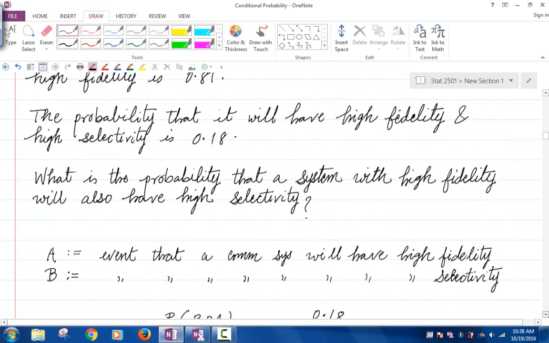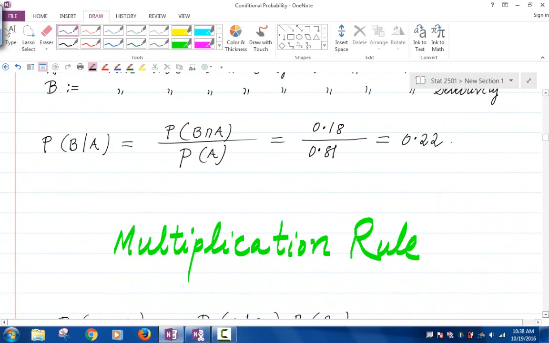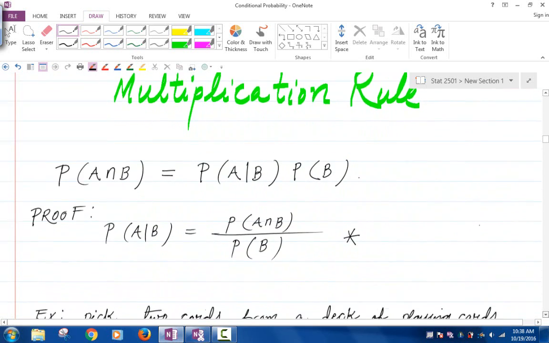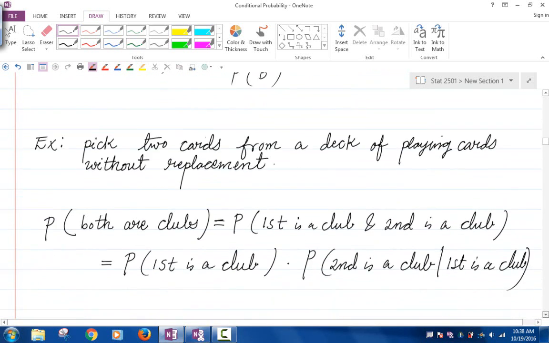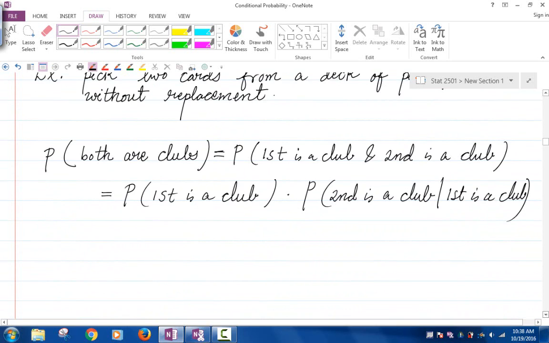So if you look at the multiplication rule, the probability of A and B is the probability of A given B times the probability of B. So in my example, I am taking B to be the event that the first card is a club, and A is the event that the second card is a club. If you use A and B in that way, this is exactly what I get.